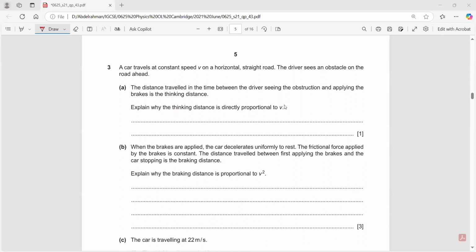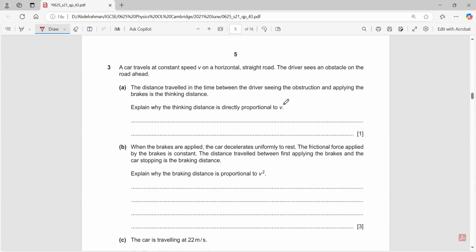If you want to think about it this way, the time taken to think about something is around 0.4 seconds, or 0.2 seconds. This is the delay we take to just see something in front of us and start taking an action. There has to be a delay, I guess around 0.2 to 0.4 seconds.